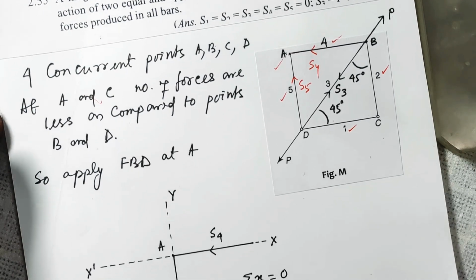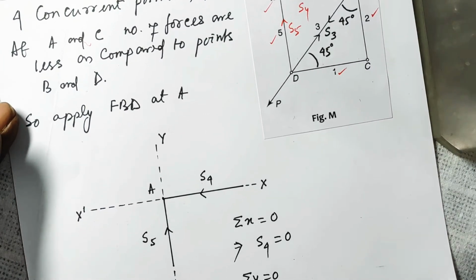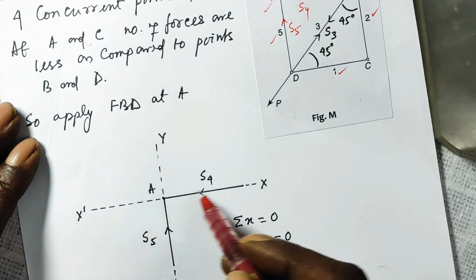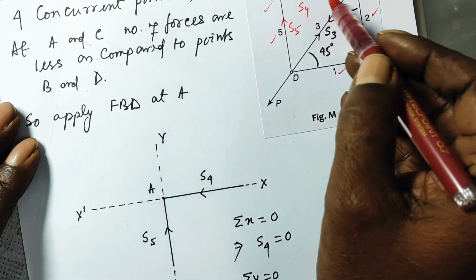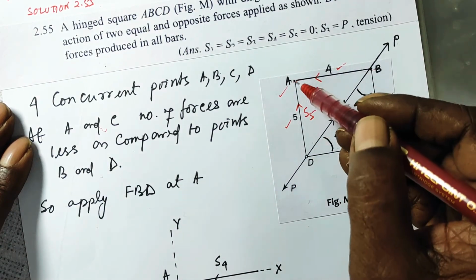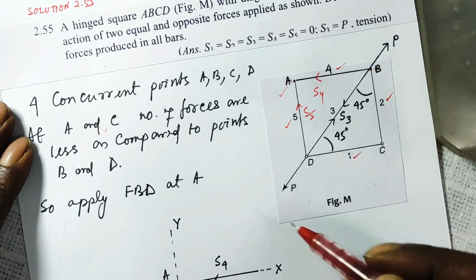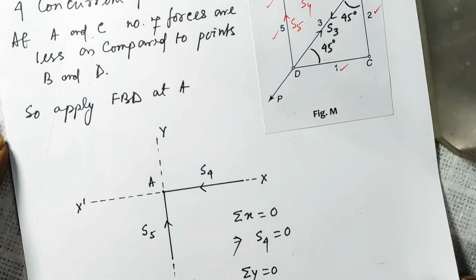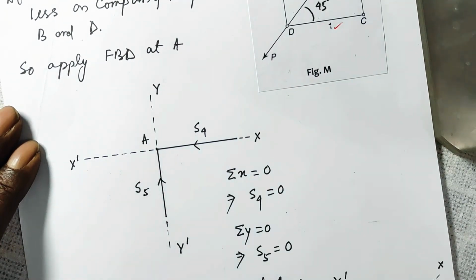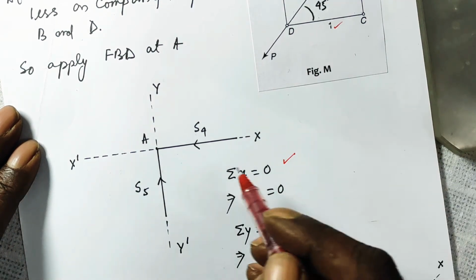So I have drawn the free body diagram here. Taking this as x-axis, and this vertical line as y-axis, the free body diagram is drawn. So S4, S5. Let us apply sigma x equal to 0.